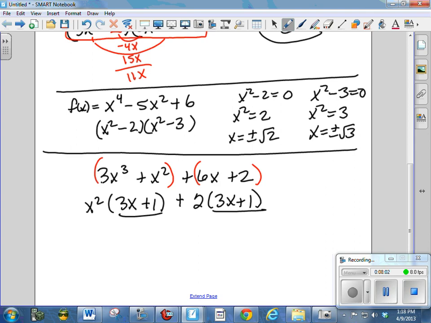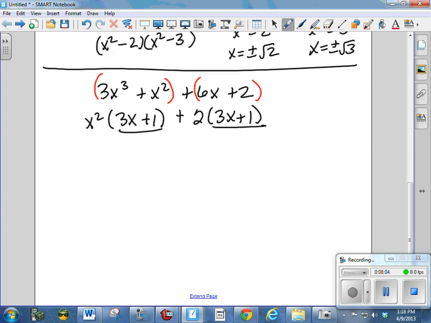So basically what I'm going to do is factor out the common factor, and the common factor here is 3x plus 1. So if I factor out a common factor of 3x plus 1, what I have left over is x squared plus 2. So in other words, x squared times 3x plus 1 plus 2 times 3x plus 1, which is what I have right here.